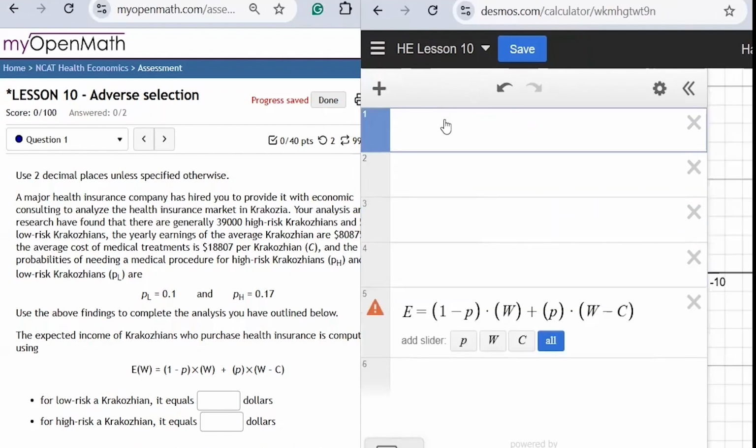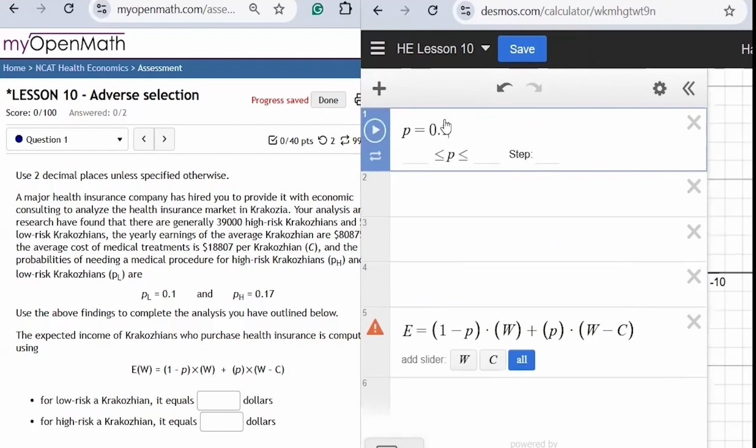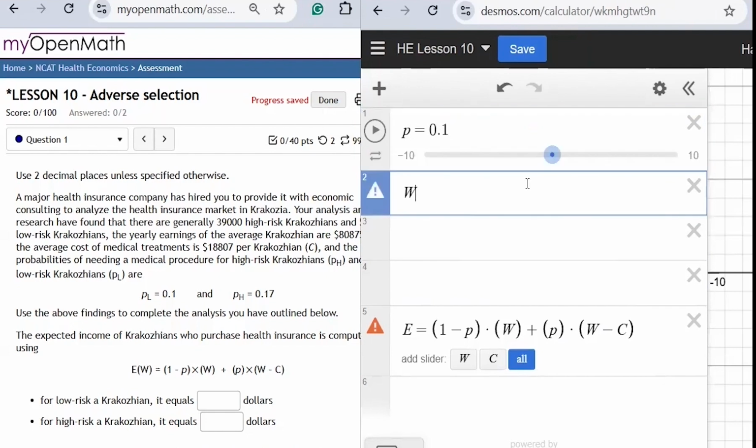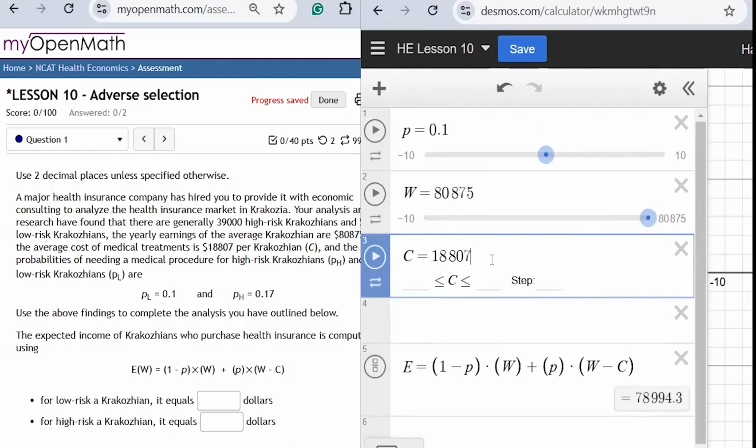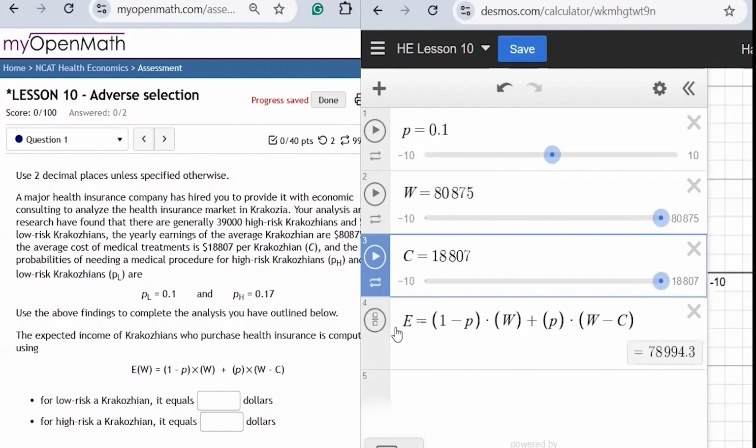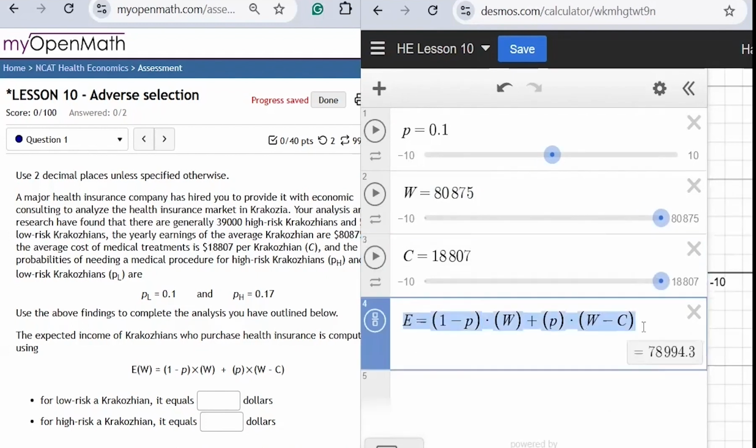I'm going to type P equals 0.1. W in my model is going to be equal to 80,875. And then the cost of medical treatment in Caucasia, in my model, is 18,807. And then down here is my equation that I typed in earlier. And notice what it does.